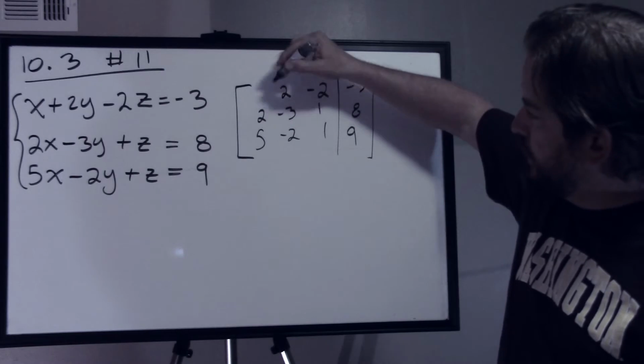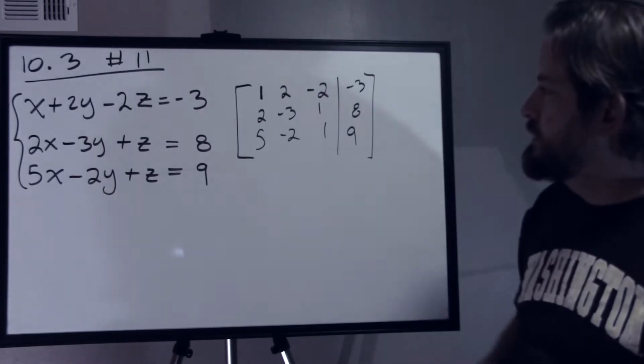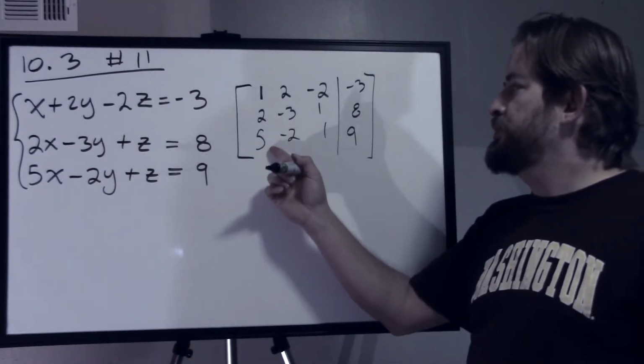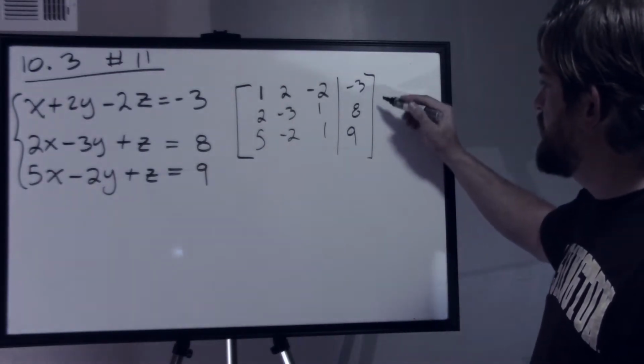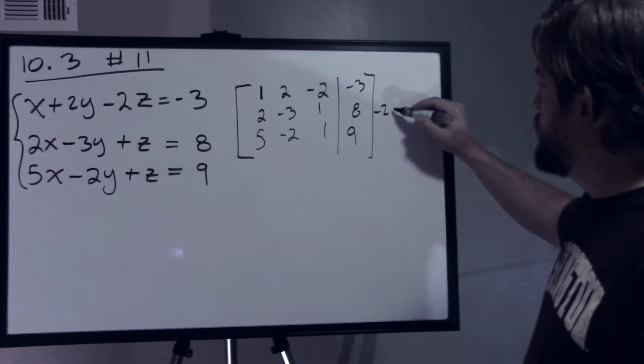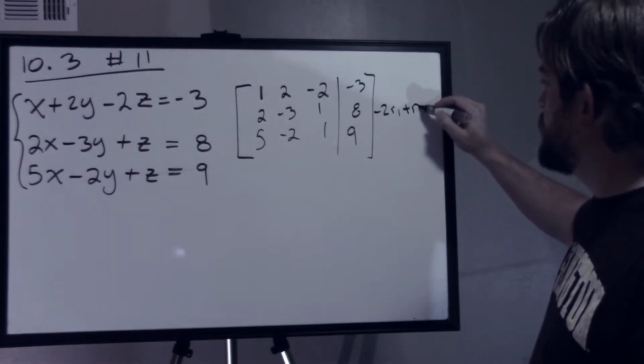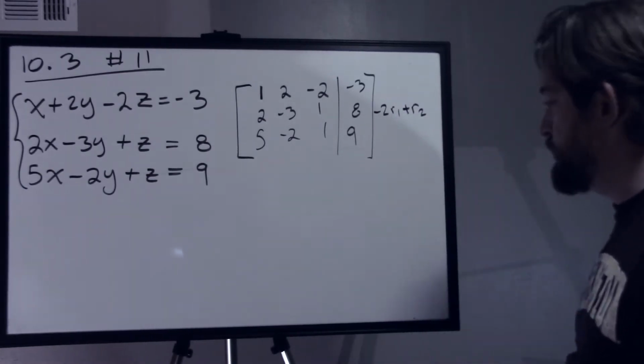And then after you get that 1, I would eliminate this 2 and the 5 by using that 1. So that is to say, I'm going to take negative 2 of row 1 and add that back into row 2 to become my new row 2.